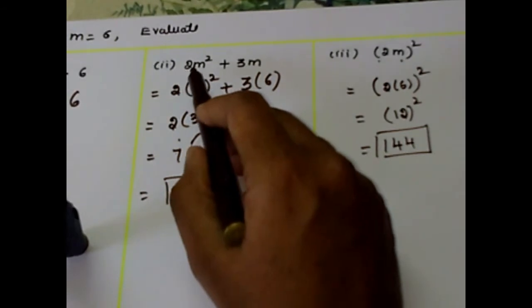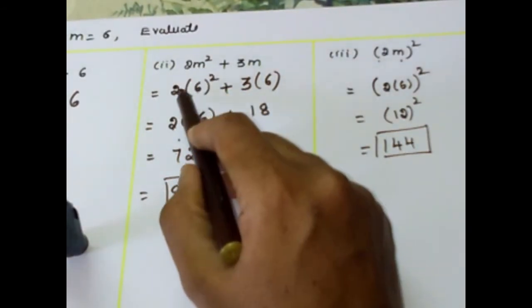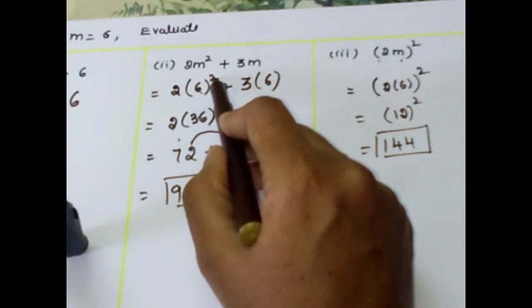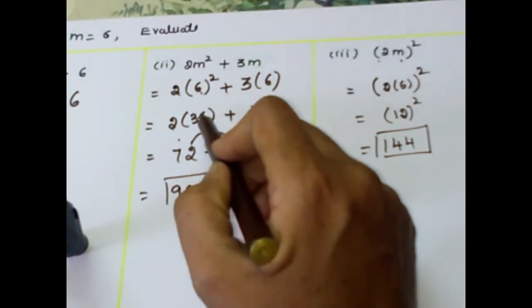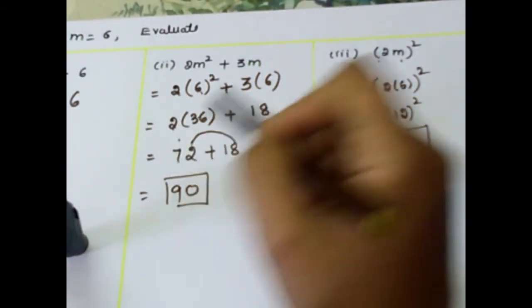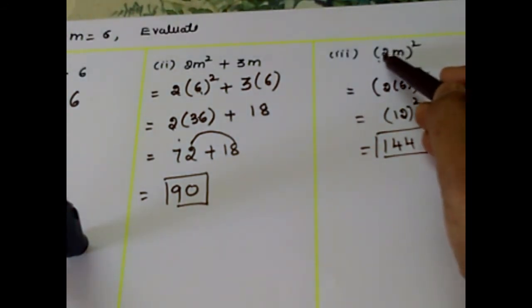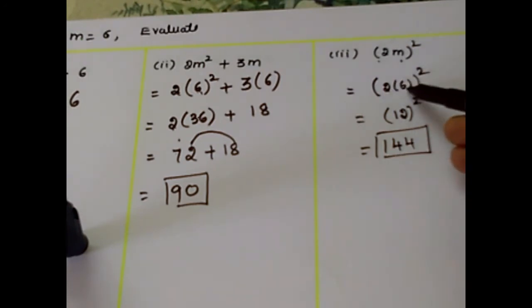See, when you had 2m square, I told you, children, don't multiply 2 6s are 12, because 6 was having the degree 2. So we simplified 6 square, later 36 into 2. But here the case is different. The square is applied for the whole value 2m. 2m means what? 2 into m. So in this stage, first don't do square, first multiply. 2 6s are 12, 12 square is 144.